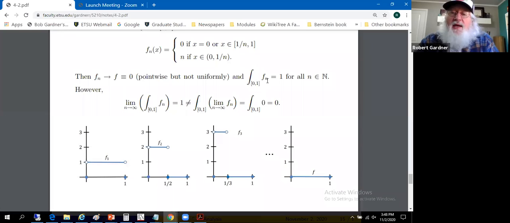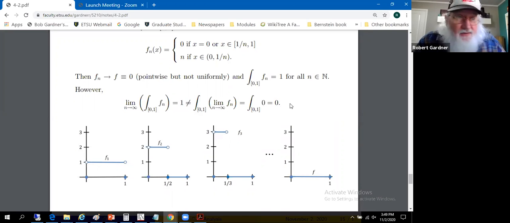The integral of all the f sub n's is 1. Area under it's 1, 1, 1 for all n. So if we look at the limit as n approaches infinity of the integrals, they're all 1, so the limit's 1. But the integral of the limit function, the 0 function, is 0. We can do this written in Lebesgue notation.